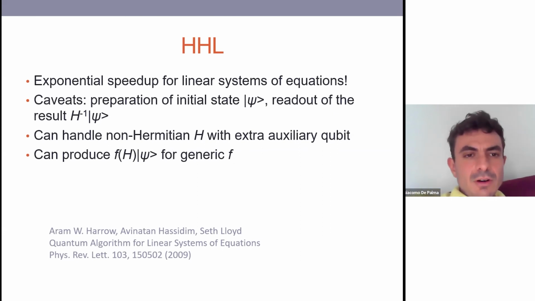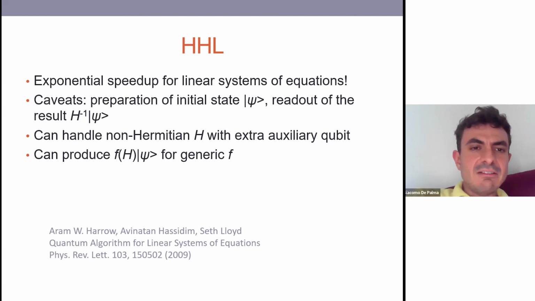Then, overall, I presented just the easier version where the matrix to be inverted is Hermitian, but I have to say that there is a trick that adds a single auxiliary qubit, and this trick allows us to handle matrices that are non-Hermitian, so this is not really a constraint.